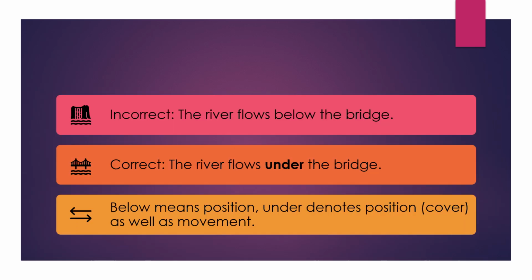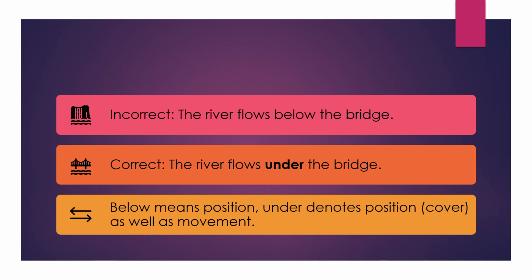The river flows below the bridge. Now words like below or above suggest only the position, only the cover of something. Here, because we're talking about a river, which has a certain motion as well, it is not just the cover but the motion. We're talking of something that is always in movement. Therefore, we'll not be using a word that only refers to the position.